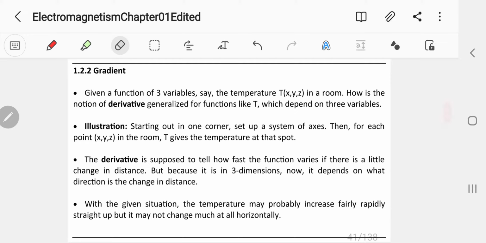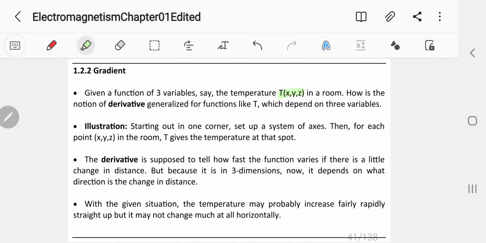So gradient is just the same as derivative. Given a function of three variables, say for example the temperature T, which is a function of xyz. For example, in a room, you put an air conditioning system.